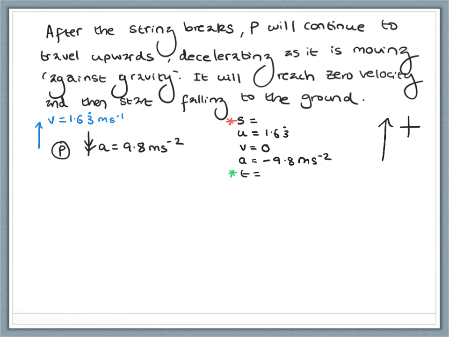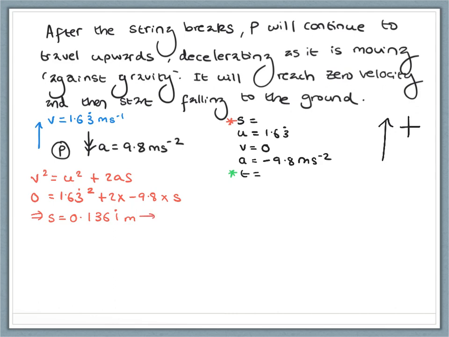So first of all, let's have a think about the equations we could use. We can use v squared equals u squared plus 2as, which doesn't involve t, and this will allow us to work out the value of s. So 0 equals 1.63 squared plus 2 times negative 9.8 multiplied by s. Let's rearrange this to work out the value of s. And this comes to 0.1361 recurring meters.